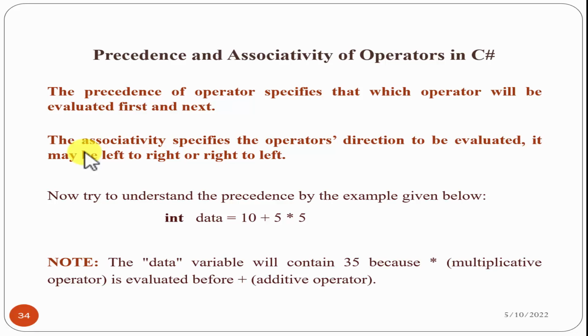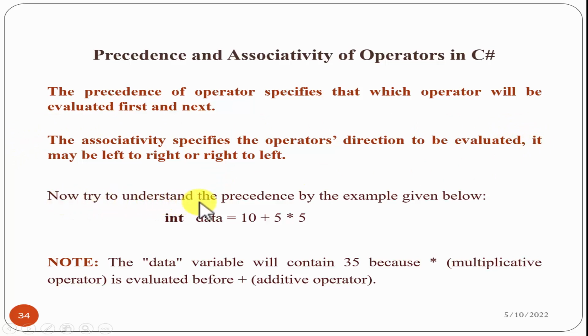It depends on the direction. We will have a chart, a table, about it, but first we discuss the definition here. Associativity specifies the direction in which operators are evaluated. It may be left to right or right to left.